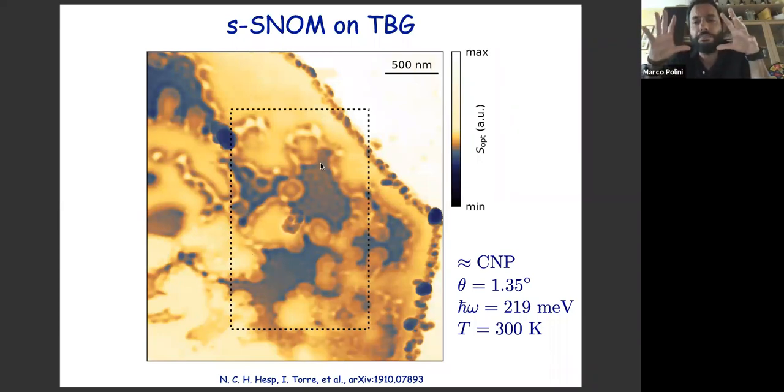But essentially, you see patches of near-field optical activity, where the optical signal shows interference fringes pretty much like the interference fringes I was showing, the simple ones in the case of intraband graphene plasmons, but they are localized here in patches, which are, let's say, separated by patches where the optical signal is negligible, by these circularly shaped profiles.